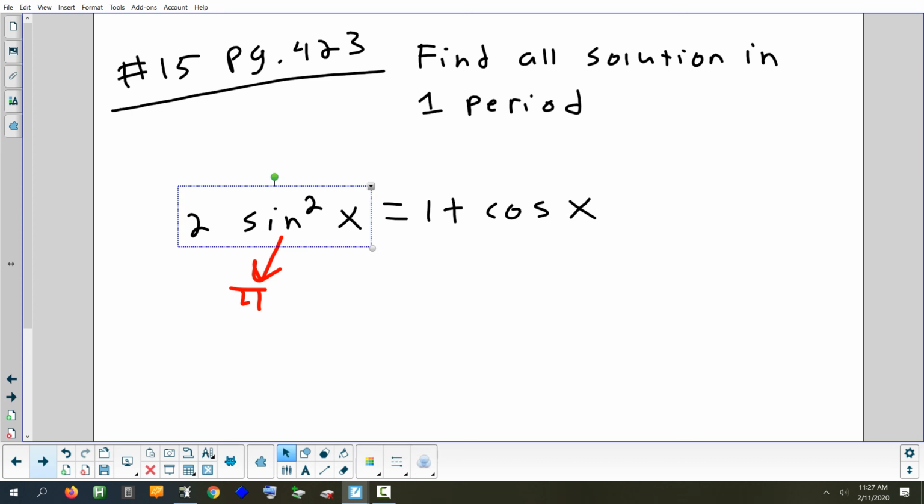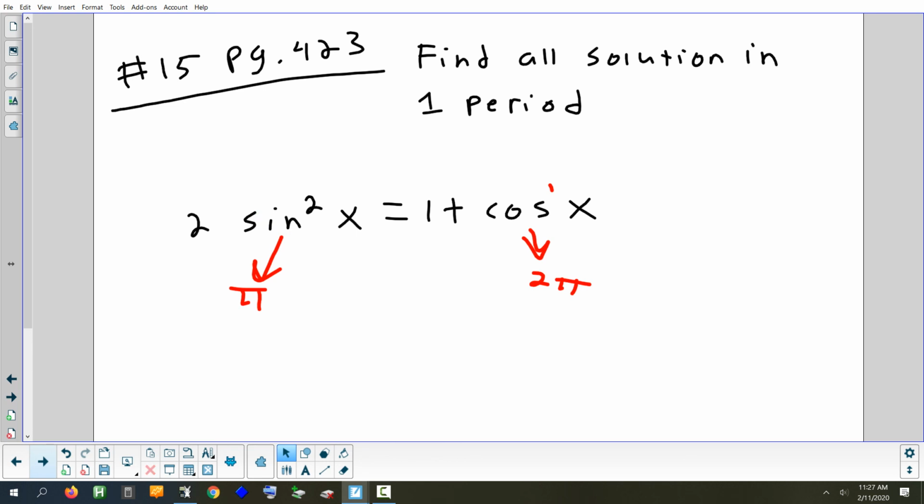And where do you find b? Whatever's in front of x. So the formula for this is technically pi over 1. This is cosine, so think of it as cosine to an odd power. The formula for that is 2 pi over b. What's the least common multiple of those two periods? 2 pi.